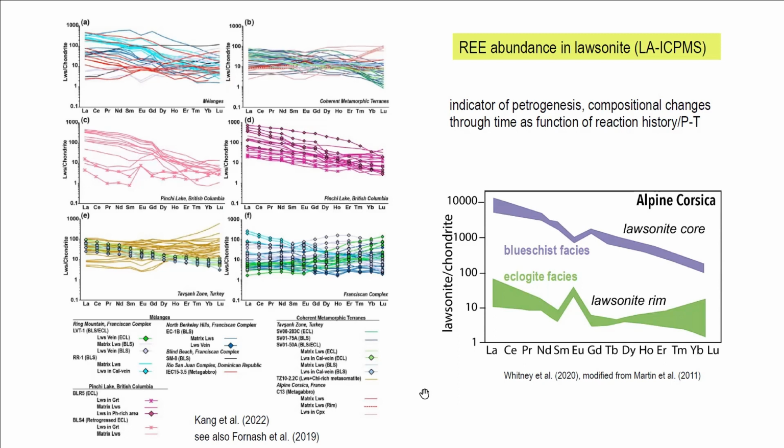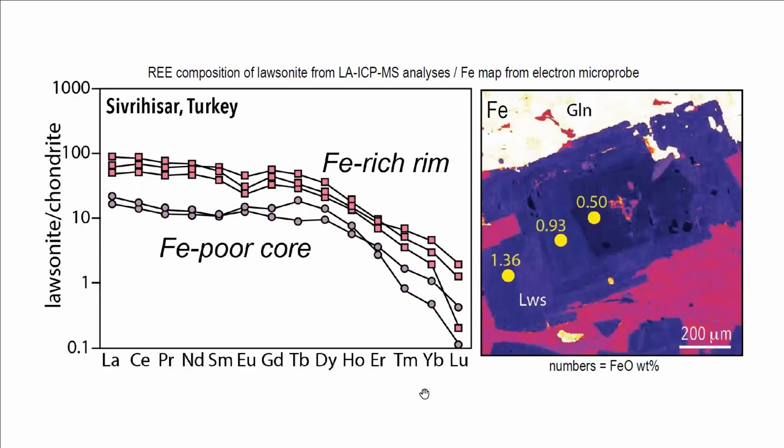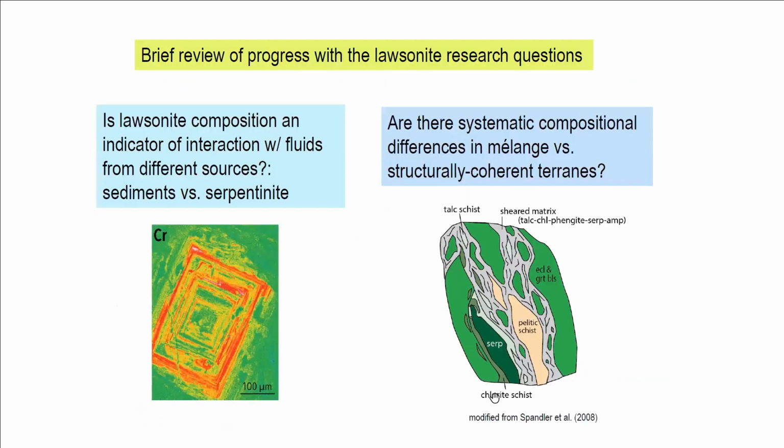The europium anomaly can be also controlled by other factors, such as redox, but possibly also something about the plagioclase coexistence. We saw the opposite trend in Sivrisar, Turkey, indicating possible eclogite facies core and a blueschist facies rim, which is consistent with those geochronology results I showed you briefly a few slides ago, that eclogite was retrogressed to a blueschist in the lawsonite stability field.